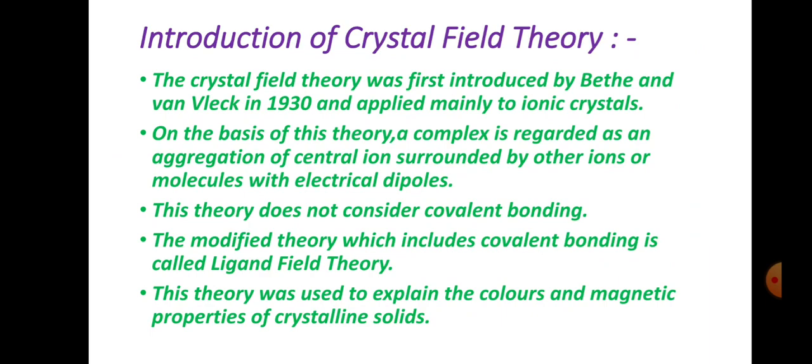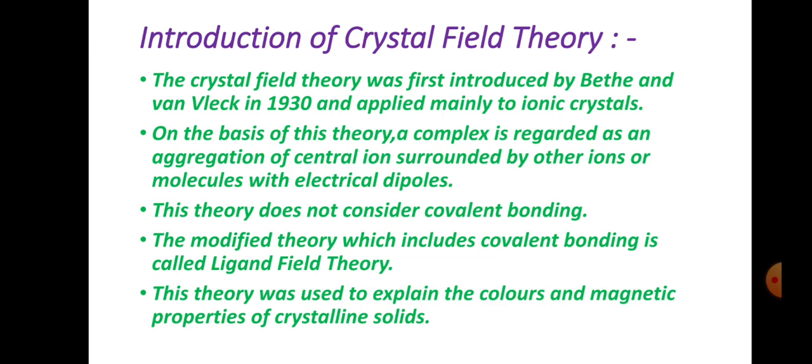First we see the introduction of crystal field theory. The crystal field theory was first introduced by scientists Bethe and Van Vleck in 1930 and applied mainly to ionic crystals. On the basis of this theory, a complex is regarded as an aggregation of a central ion surrounded by other ions or molecules with electrical dipoles.